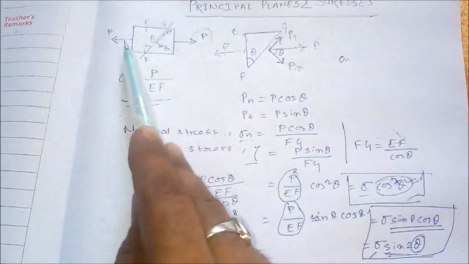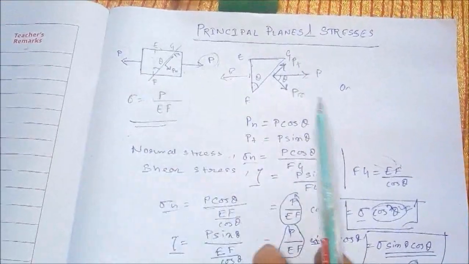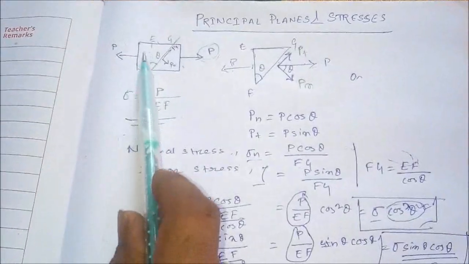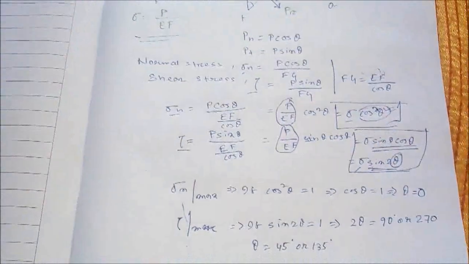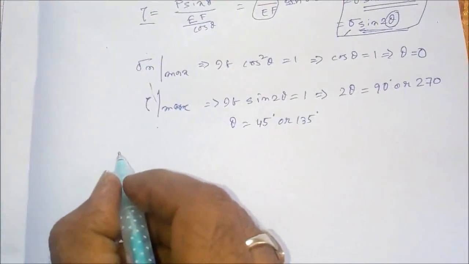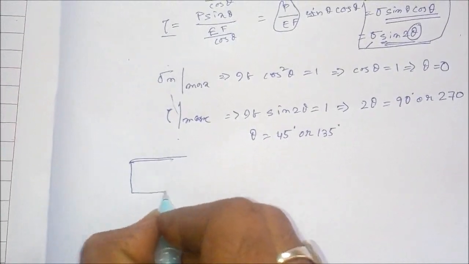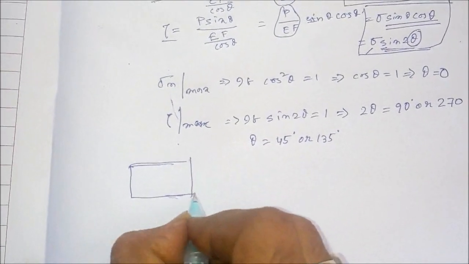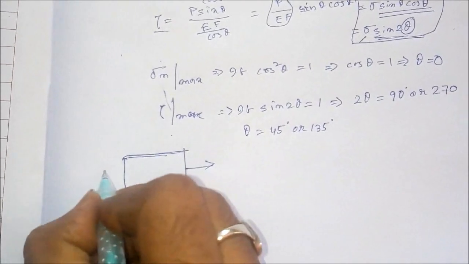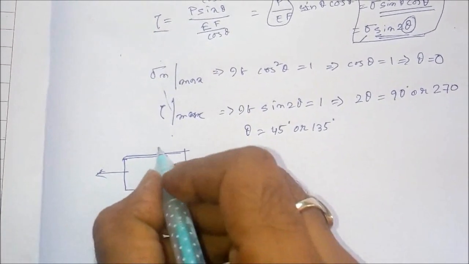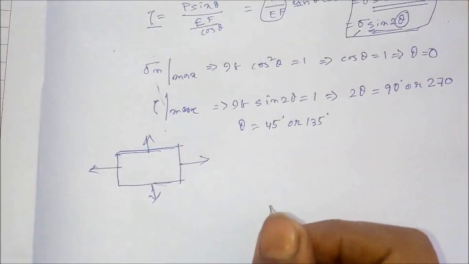So this is how we can find out the value of normal and shear stresses of a particular oblique plane if a body is subjected to one tensile or compressive force in one plane. Now what will happen if that body is having two forces or two stresses in two directions?